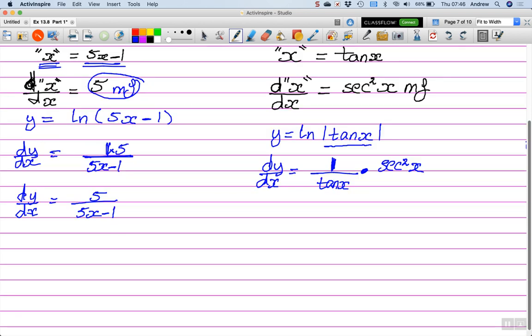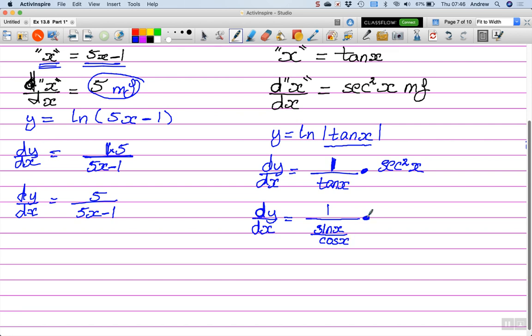Now this one gets slightly more difficult, not because of differentiation, but because of the tidying up. So we've got dy over dx is 1 over tan x. You now have to go to page 13 of the formula book, and tan is equal to sine x divided by cos x.